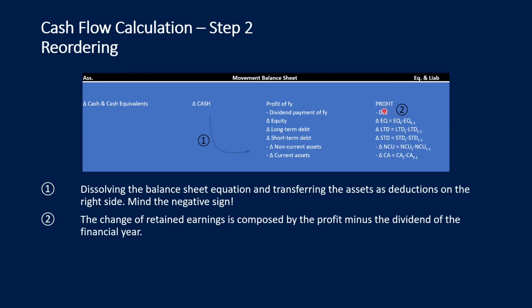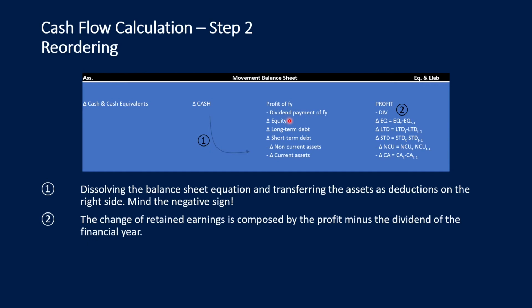But of course, there are further items where the cash could be generated. It could be generated from the equity. This is a very unusual situation, but for example, collecting more equity from the shareholders would give new cash and would give new equity.